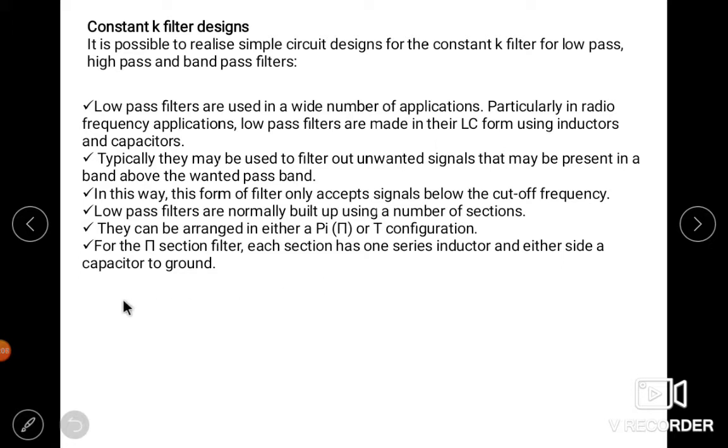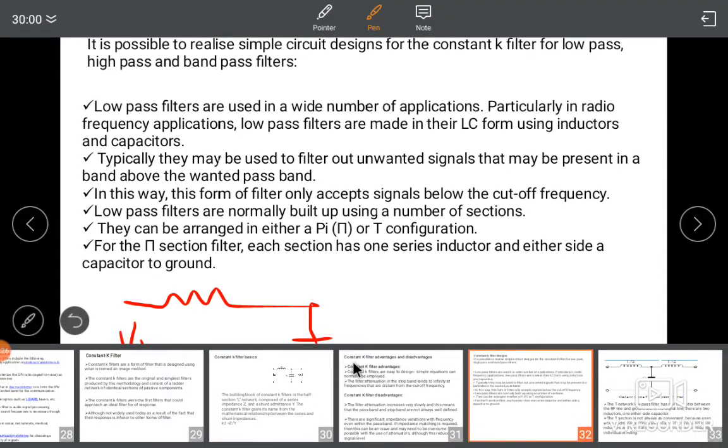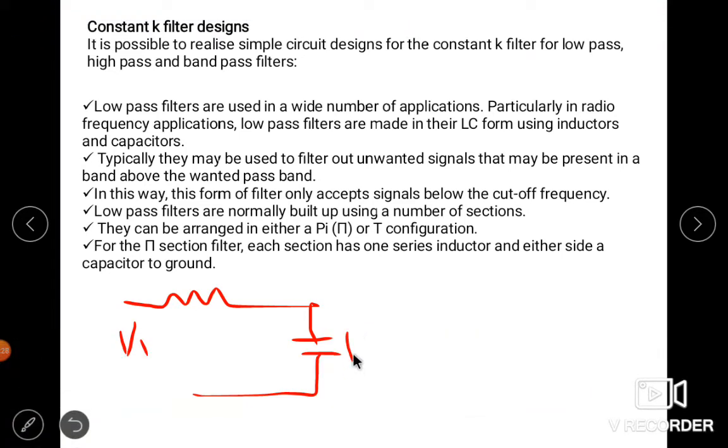Remember the circuit of the low pass filter. This is the circuit of the low pass filter. The input V in is there, and V out is there, right? So this is the low pass filter.